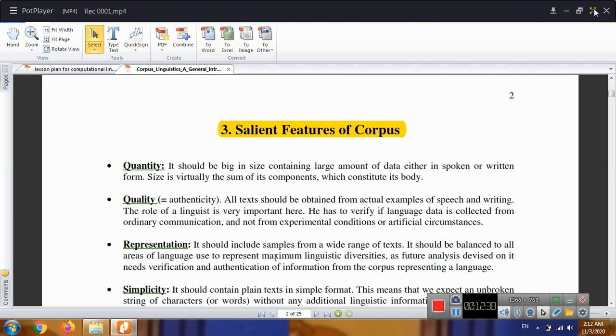You should be able to name these salient or outstanding features of corpus, and you should know one line or a summary of each.